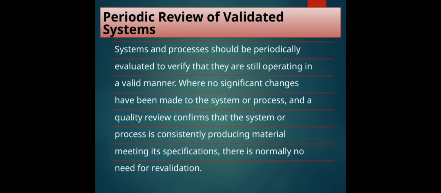This helps us prevent potential issues before they escalate and ensures that our validated systems remain reliable over time. Remember, the overall goal is to sustain the quality and integrity of our operations. Regular reviews also demonstrate our commitment to continuous improvement and compliance, which is vital in a regulated environment. So, making these periodic reviews a routine part of our process helps us stay aligned with industry standards and maintain the trust in our systems and data.